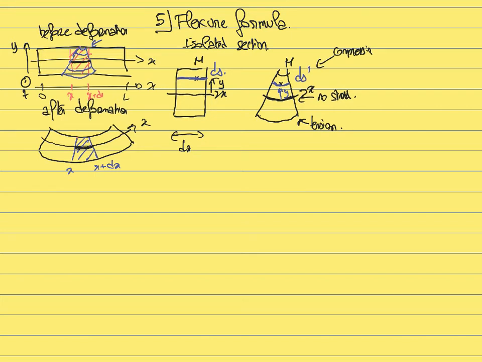If I look at the initial length here, which is dx, after the deformation this length is also going to be dx. So when you look at the middle of this beam, the thickness of this portion of the beam doesn't change.